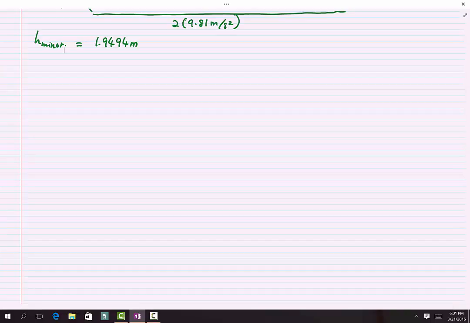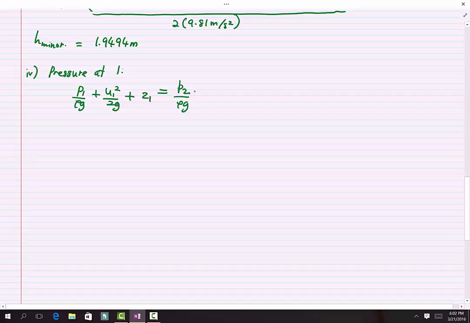So we move to the fourth question, which is to determine the pressure at point 1. To determine the pressure at 1, we have to use Bernoulli's equation. From Bernoulli's equation, P1 over rho g plus U1 squared over 2g plus Z1 equals P2 over rho g plus U2 squared over 2g plus Z2 minus H pump plus HF.